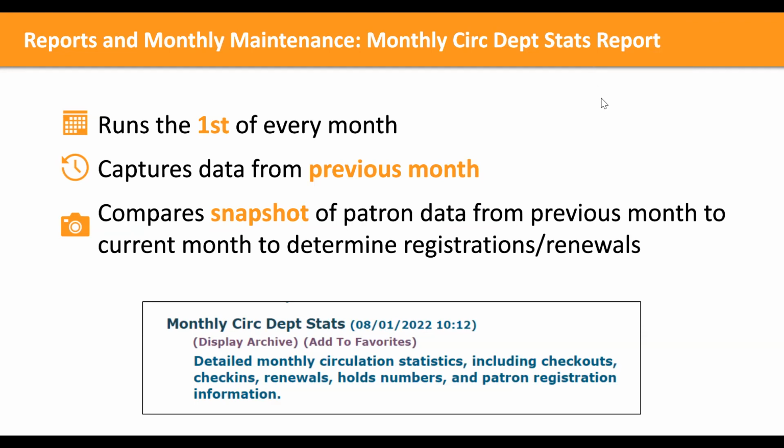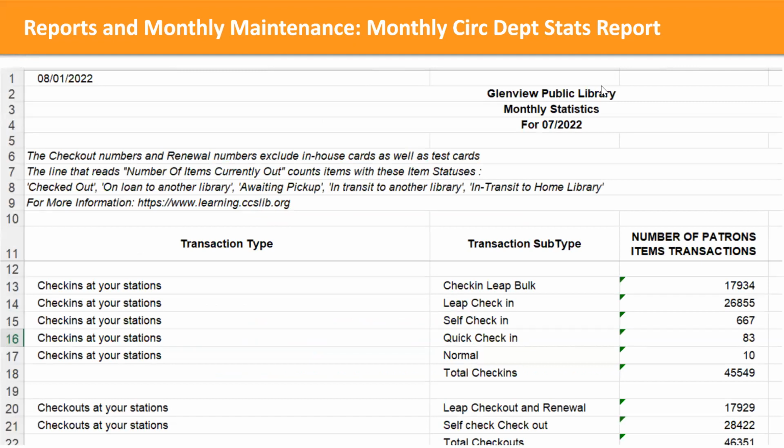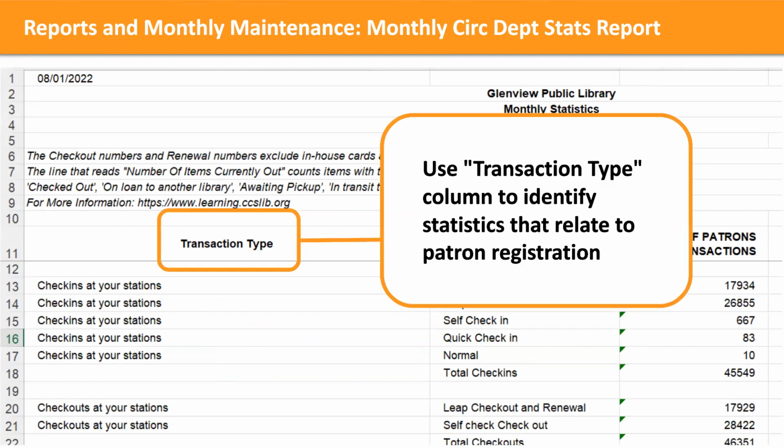So for this report here, we're just going to take a very quick look at it. How you read this report: you will use the descriptions in the transaction type column to identify the statistics that relate to patron registration.